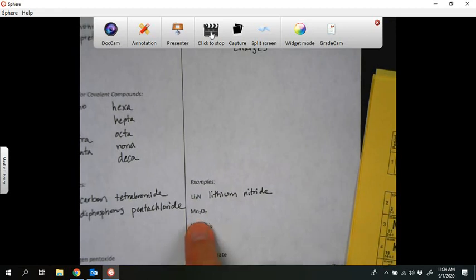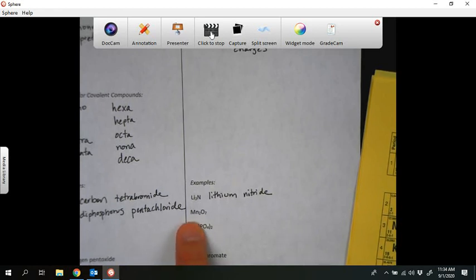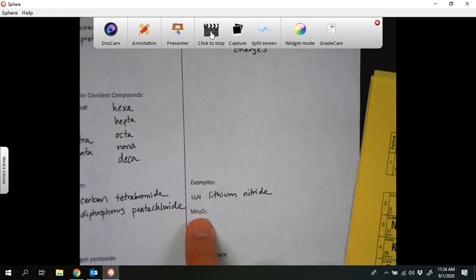Now, Mn, like we said before, can be +2, +3, +4, +7. We have to figure out what charge it has. So if you're unsure how to figure that out, we can use the anion's charge, which oxygen is only -2, to figure out what Mn is. Each oxygen is -2.